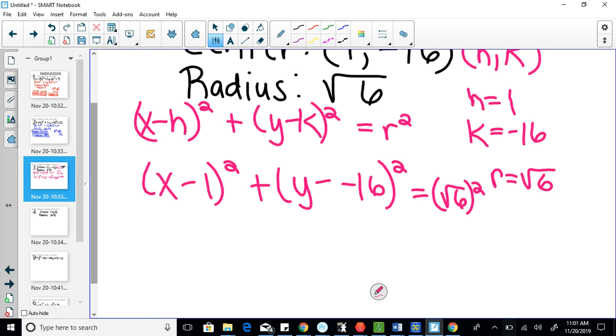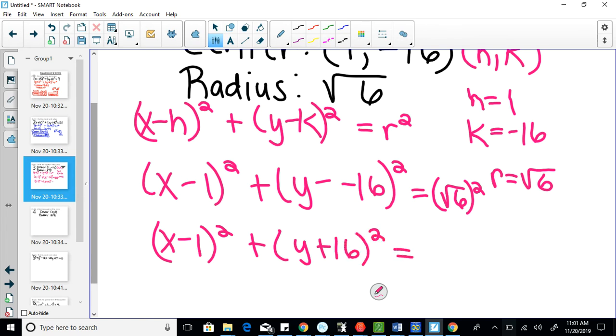So x minus 1 squared stays the same. For the second one, you have y minus −16. We can't keep it like that because a negative times a negative turns into a positive. So instead, we write (y + 16)² equals my radius squared. The square root of 6 squared, a square root and a square cancel each other out, so this equals 6. And this will be my answer.